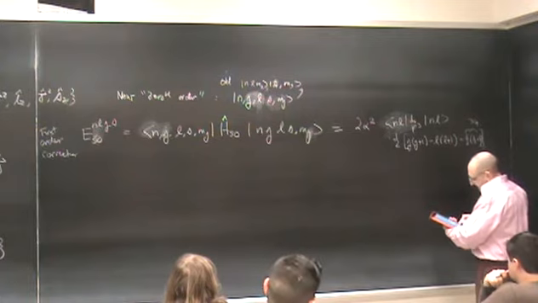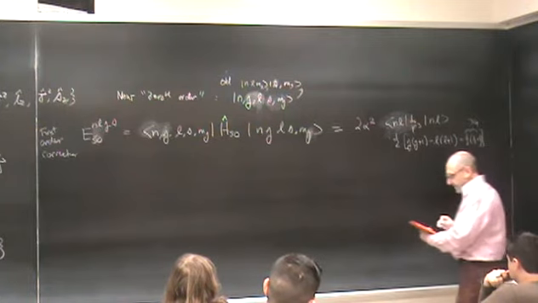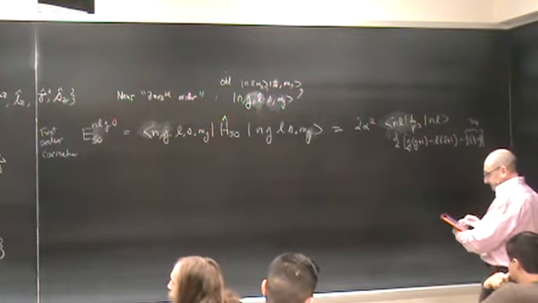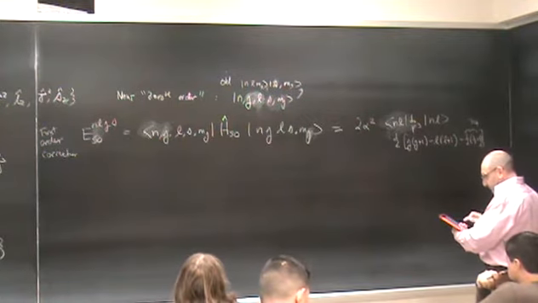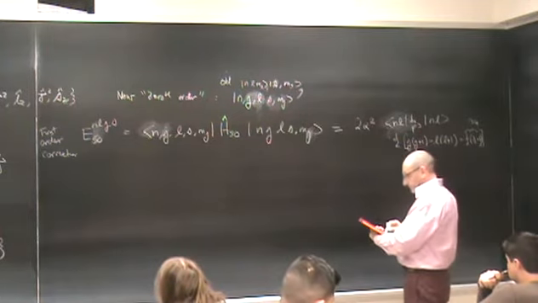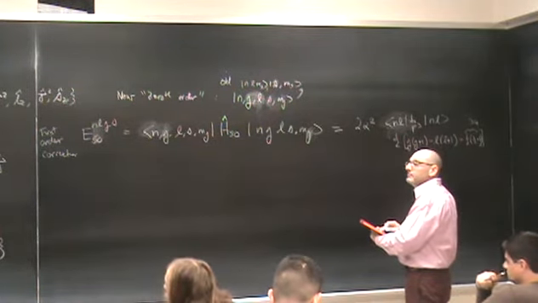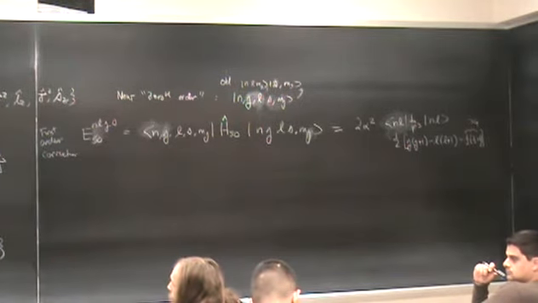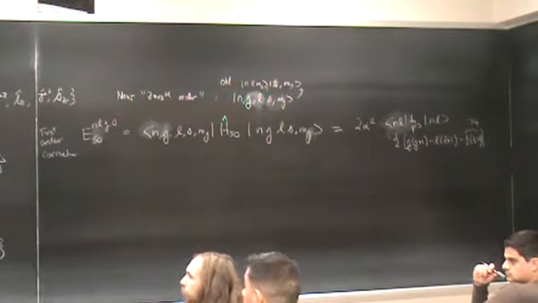And now I say, I don't know why this is off by a factor of 2, but it is. Oh, I know where. There was this alpha over 2, right?